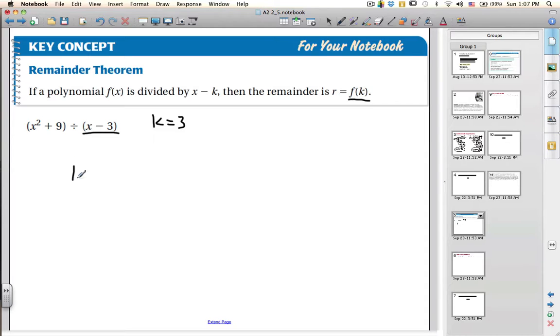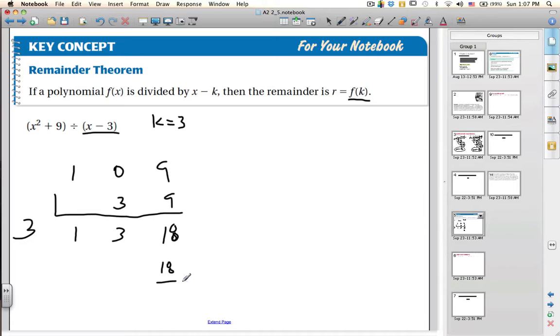So I have 1x squared and 0x and 9 from the coefficients of this polynomial. I'm going to plug the 3 in. I add down, I get 1 times 3 is 3. I add down, I get 3 times 3 is 9. I add down, I get 18. So I know the remainder is 18.